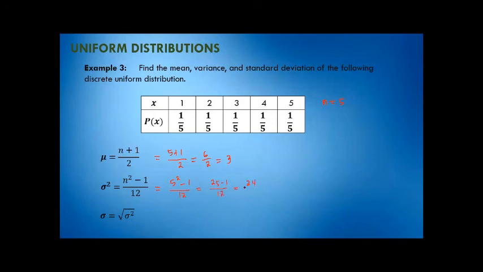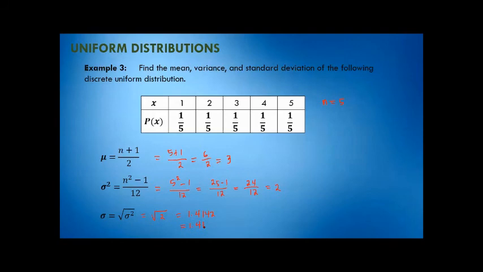We have 24 divided by 12. The answer is 2. Now, for the standard deviation, that is the square root of the variance, which is square root of 2. The square root of 2 is 1.4142 or 1.41.